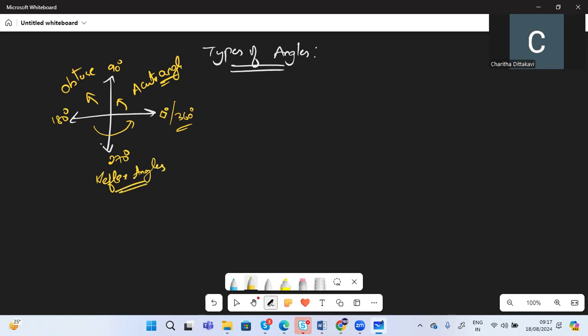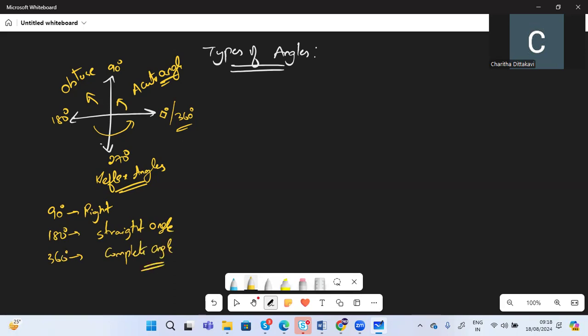Right? Now, exactly 90 degrees, we call a right angle. Exactly 180 degrees is a straight angle. And 360 degrees is a complete angle, we call it.